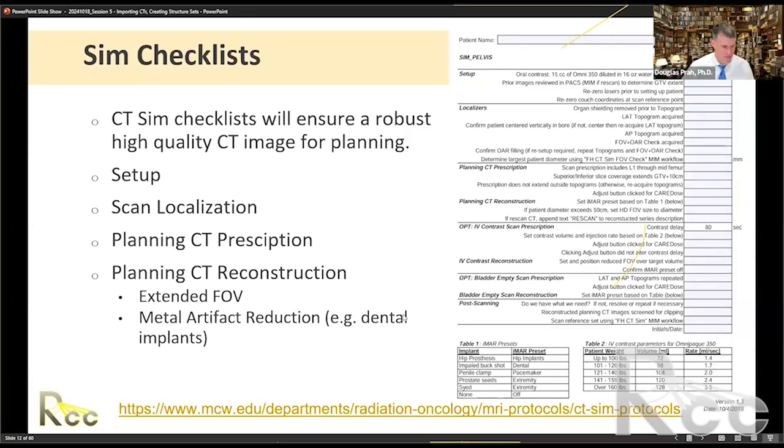And we often have, for example, with dental implants, we struggle because most people don't know what their dental implants are and have poor records. So in those instances, when there's uncertainty in what the metal is, we find that just using the artifact reduction algorithm provides a better estimate than if we were to just guess what the material is made out of.